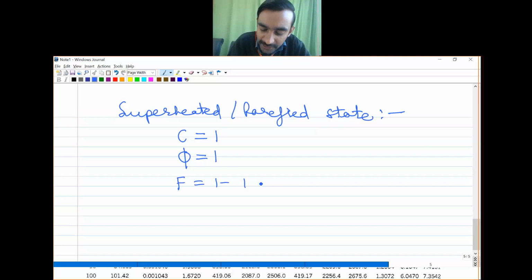So once again if you calculate, we have 1 minus 1 plus 2, which is equal to 2. Okay, so in the superheated regime also we require two properties to specify the state.